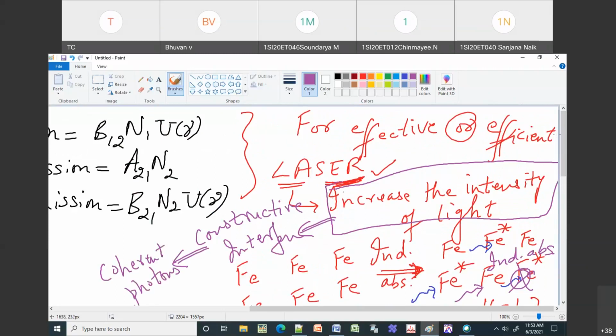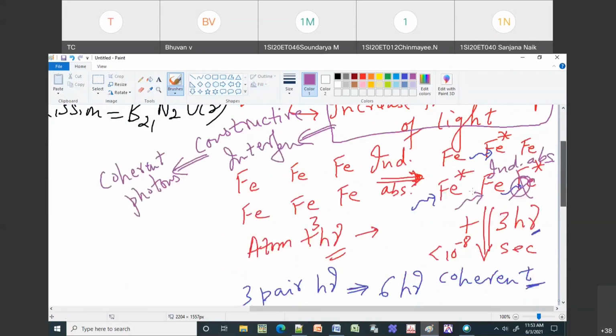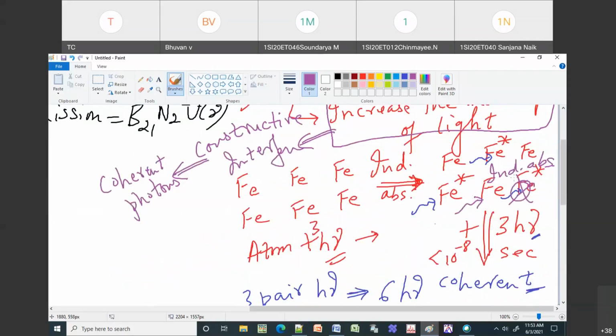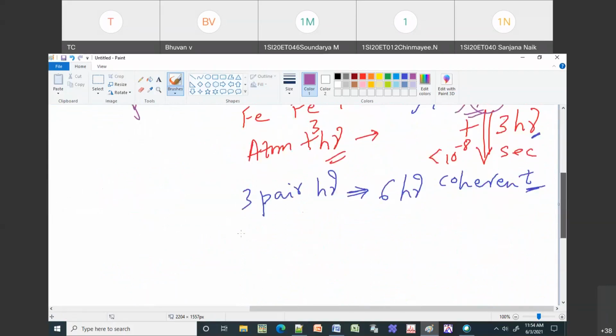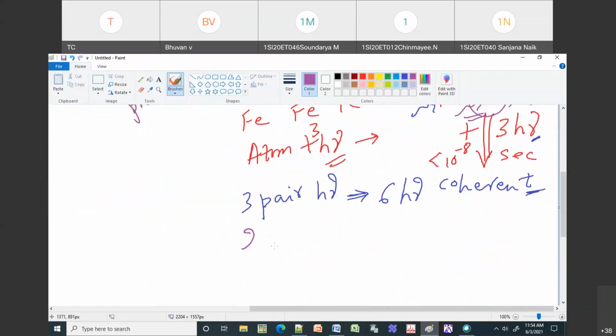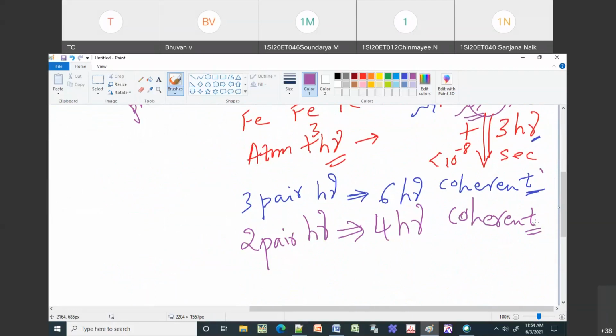If I take the blue case, then I will get 3 pairs of coherent photons. But if I take the case of this different color, purple, there are 2 stimulated emissions, so you can get only 4 coherent photons. In that case, compared to the first one, the intensity would be very, very less.